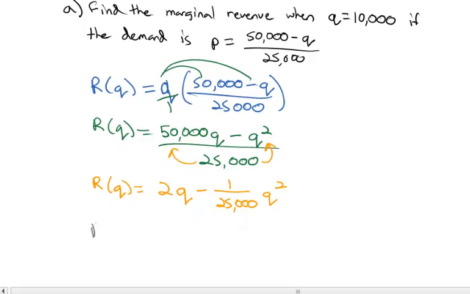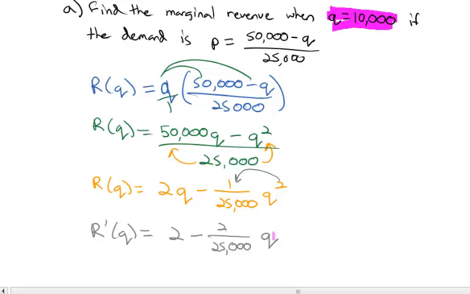We can easily take the derivative of this. The derivative of 2Q is 2 minus 1 over 25,000. Bring the 2 out front, so we have 2 over 25,000 times Q to the first power. We want the marginal revenue when Q is equal to 10,000. So we can plug 10,000 into that variable to get a ballpark number.